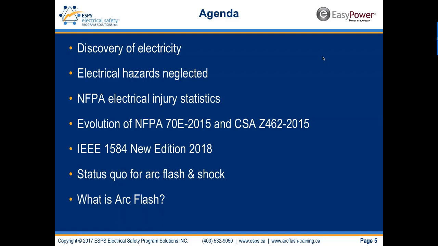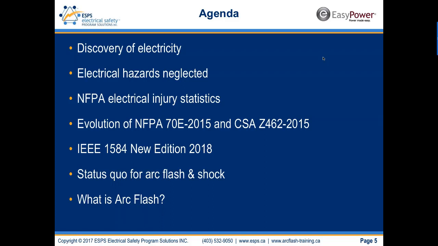So again, today's agenda is just going backwards a little bit, talking about electricity and where we have evolved with NFPA 70E in the US and CSA Z462 in Canada. And again, hazards are neglected and some new information from NFPA on electrical injury statistics, the evolution of NFPA 70E, and now in Canada, CSA Z462, specifically this new risk assessment procedure requirement.